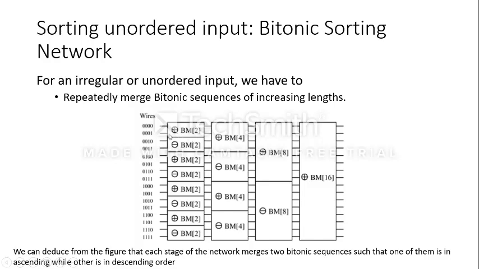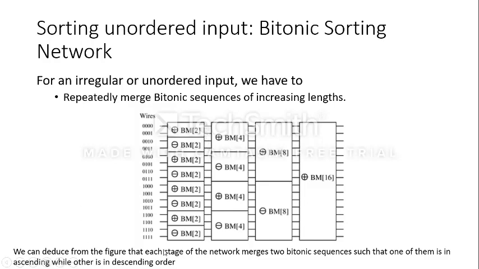So those initial two elements can be assumed to be in Bitonic sequence format, and by applying the suitable Bitonic merging operation, we can convert them into ascending order or descending order.